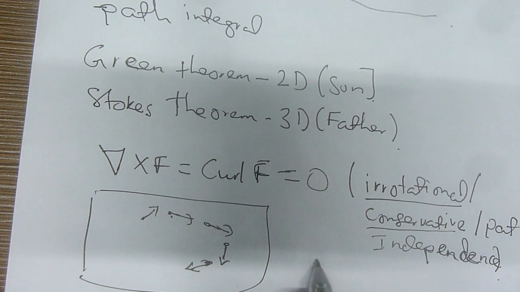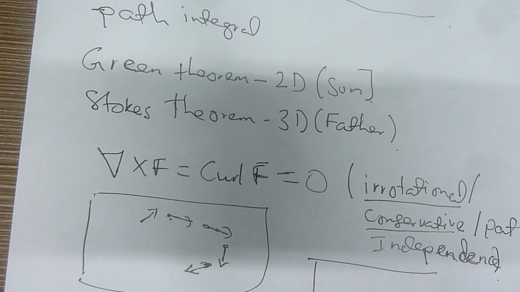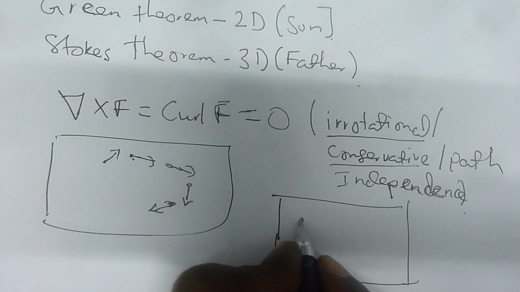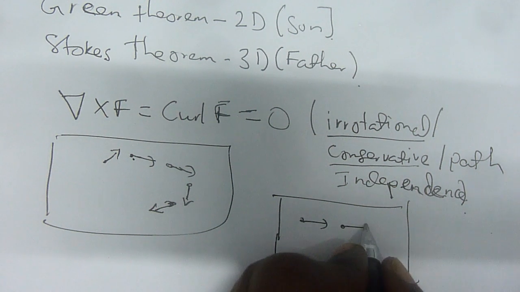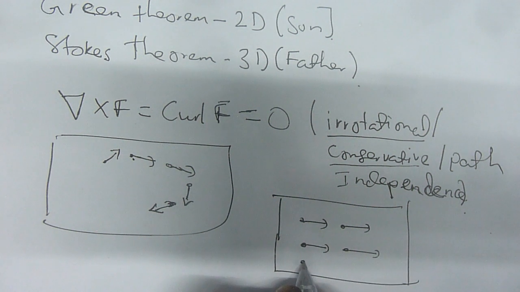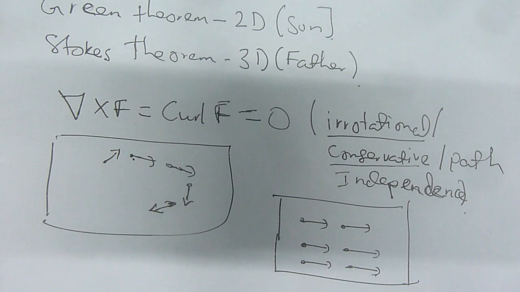Irrotational means the vector field will look straight, no rotation. The vector field is conservative. This is what we call conservative or irrotational. The vector field is irrotational.